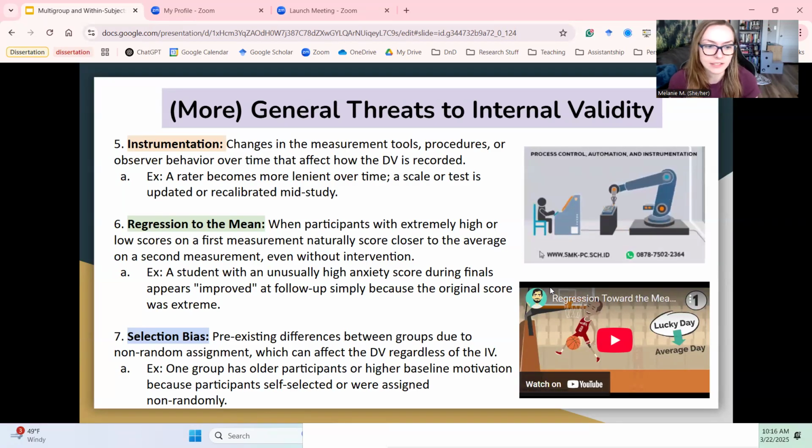So if, let's say, well, the example I have here is one group has older participants or a higher baseline of motivation because participants self-selected and were assigned non-randomly. So let's say I am doing an experiment on the cognitive effects of caffeine, and instead of randomly assigning my participants, I let them pick: does it make more sense for you to come in on Monday or does it make more sense for you to come in on Wednesday?